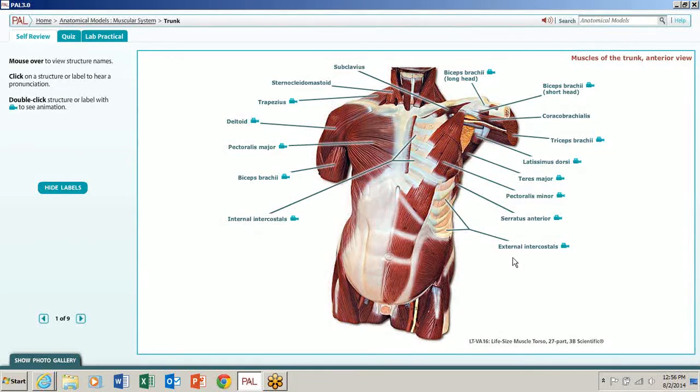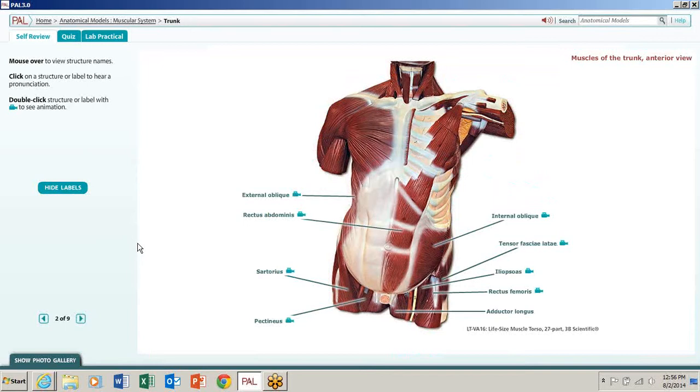And these are the external intercostals, and the rib cage there is a little bit reflected off the anatomical model, but these are the external ones. And that's about it for this view. And so we'll move to the next slide.